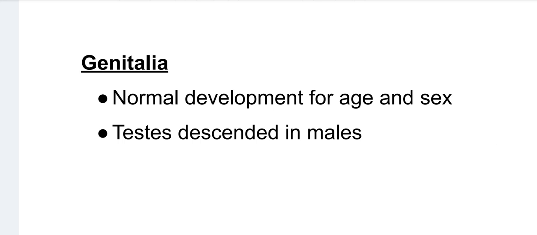Then the testes should descend in males. So it's important that the testes descend in males. Them moving down is what proved that their development occurs on top, and they descend down immediately the child is born.